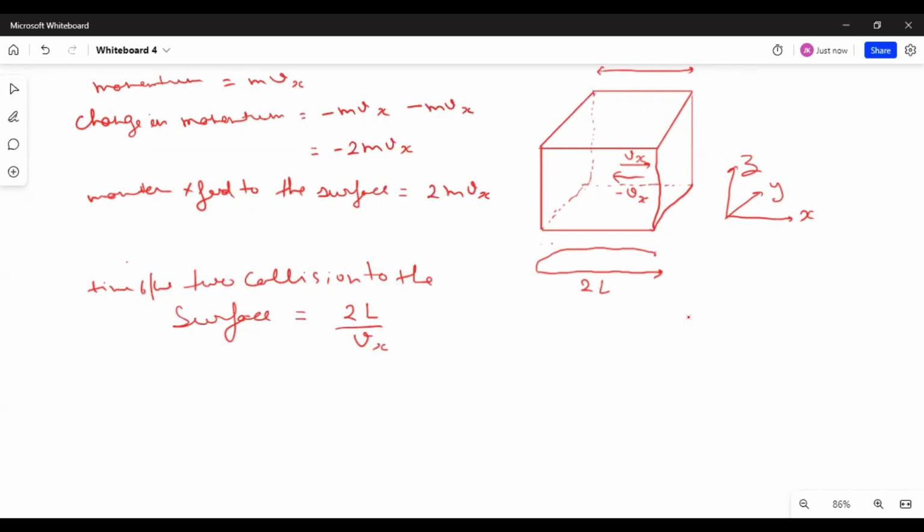Now moving forward, we know that force is change in momentum with respect to time.